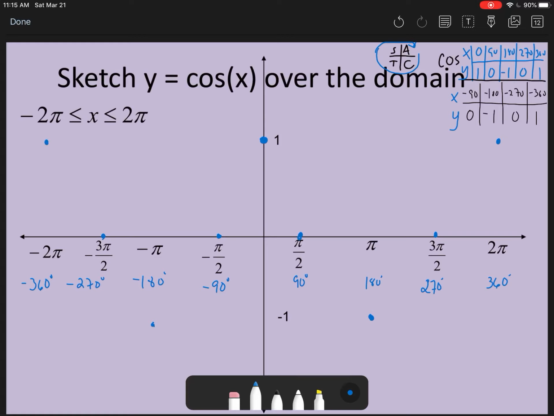Okay, and we're going to connect these again, forming a curve. Not a V shape. Remember, V shape is really only for absolute value. And that is what your cosine curve looks like.